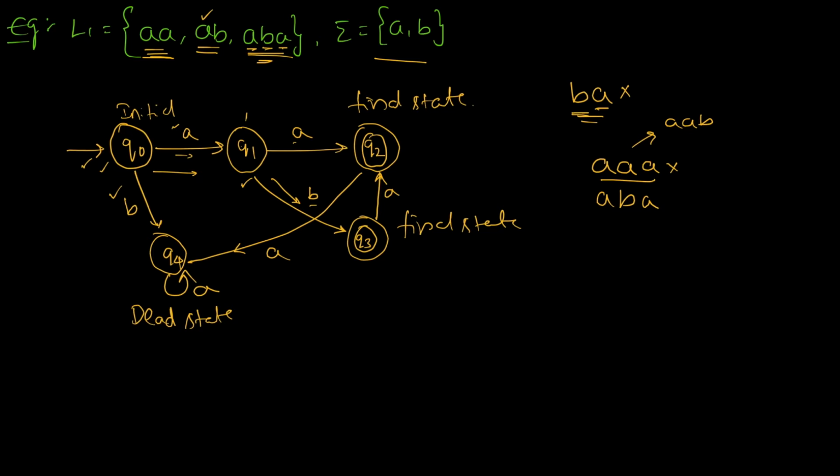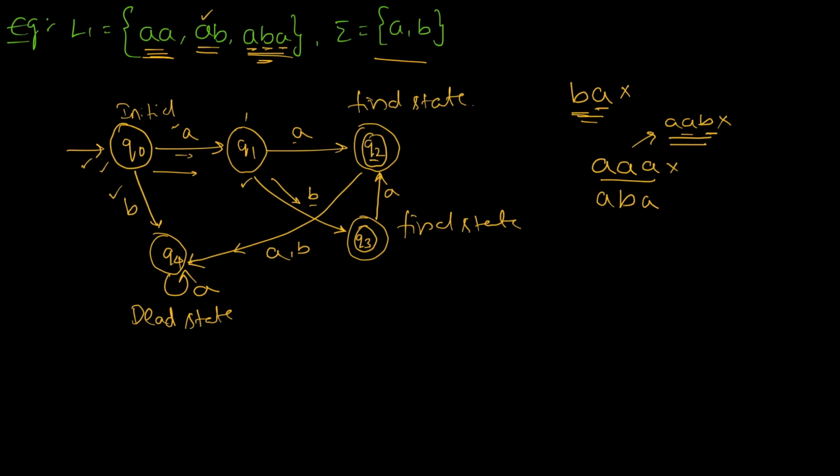On reaching Q2, what if we see B? If we see B from Q2, we need to reject this string because this string is not in our language. So on seeing B also, from Q2 we go to Q4, which is our dead state.